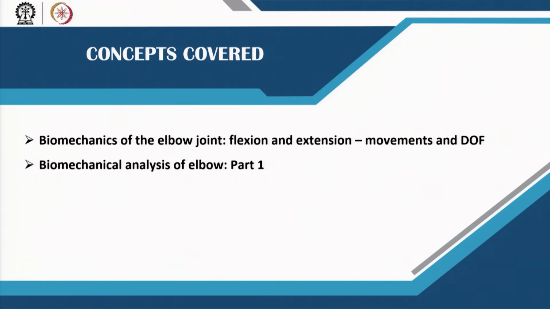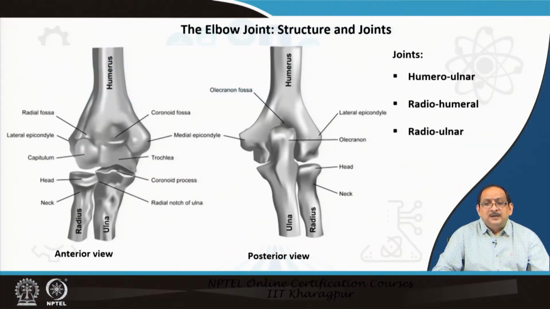Let us revisit the structure and the joints of the elbow joint, which is constituted of the following joints: the humero-ulnar joint, the radio-humeral joint and the radio-ulnar joint.